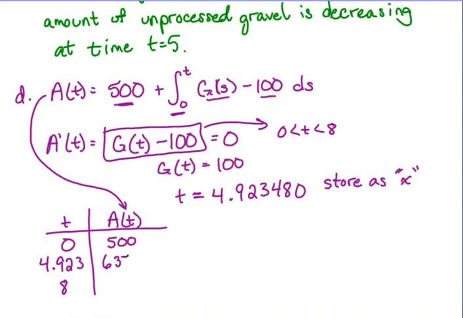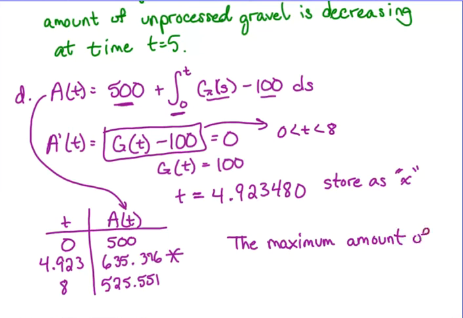So we get 635.376 for our critical point, and we get 525.551 for the end of the day. So obviously there's our maximum amount, and you should always say it in words. The maximum amount of unprocessed gravel. You need to be specific, the maximum amount of what?